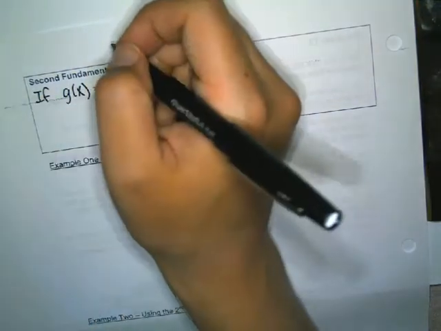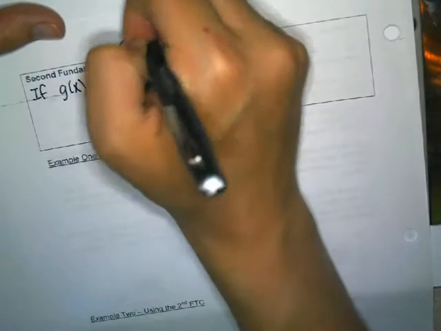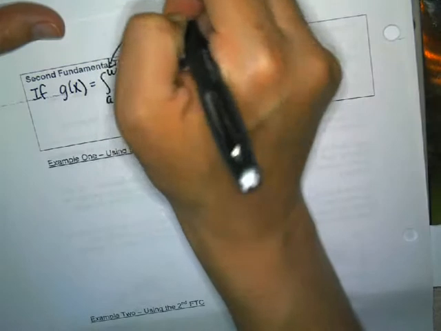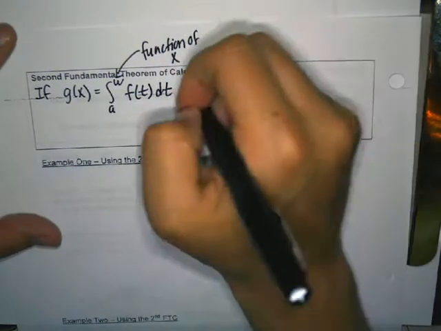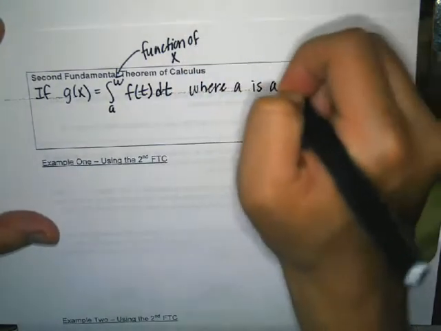Okay, so if your function that you're looking at is the integral from a to some u, a function of x, a lot of times your integrand will be written in terms of t, just so that you're using a different variable, where a is a constant.